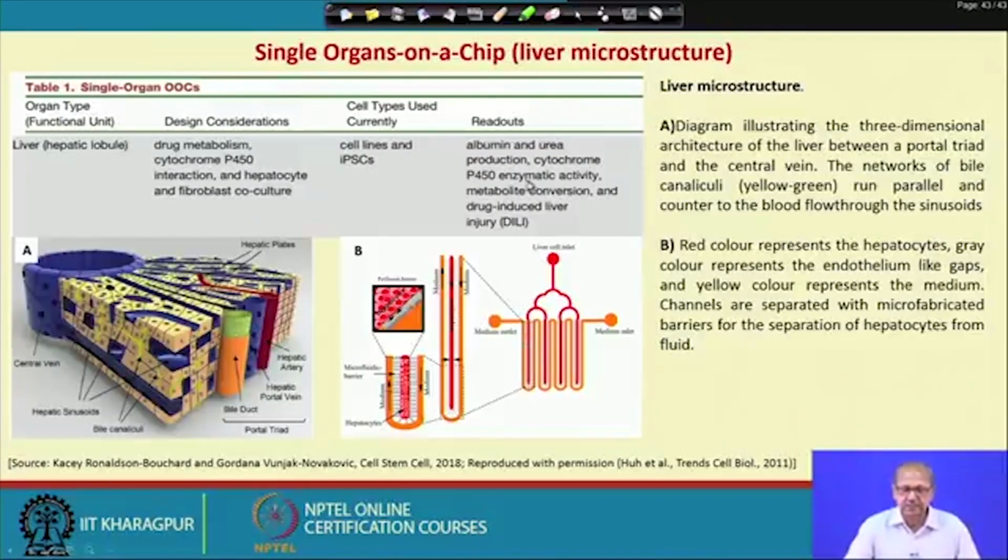The readouts are how the hepatocytes secrete albumin, urea, cytochrome P450 enzyme activity, metabolite conversion and drug induced liver injury. This means that with this system some disease models could also be developed.